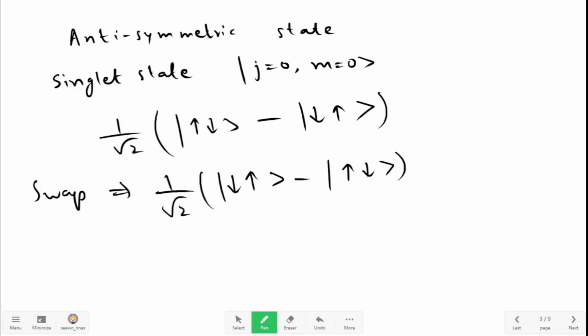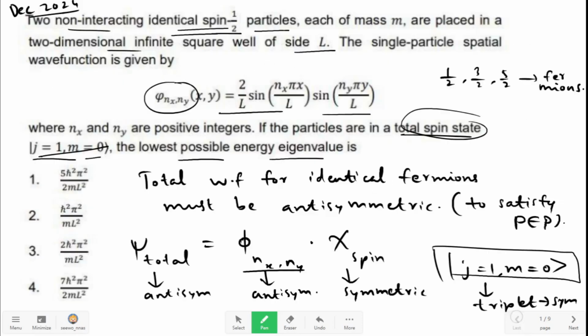Now look at this. We are getting the same thing back but with a negative sign, right? That's why we are saying this state is antisymmetric. Now let us come back to the problem. We have to get the total wave function antisymmetric, then only the Pauli exclusion principle will be satisfied, and the given spin state is j equal to 1, m equal to 0, which is a triplet state, and the triplet state is symmetric. Therefore the spatial wave function must be antisymmetric.